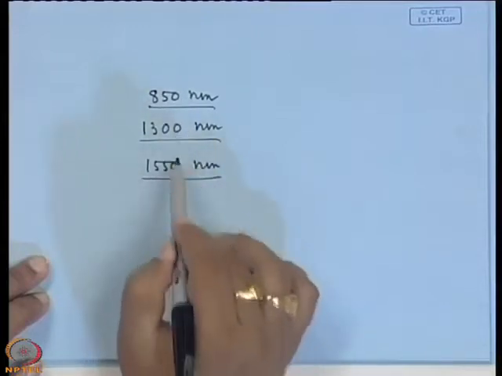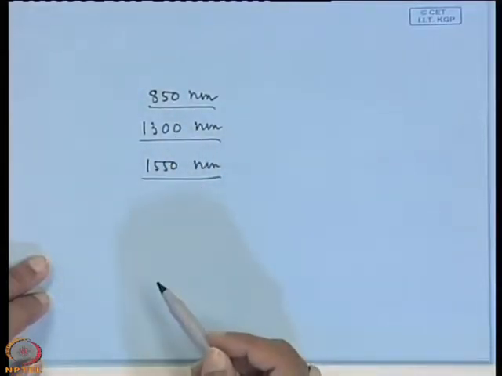and you know that for any material the loss is a function of its wavelength, right. Say for silica glass fiber, fiber is made of different materials. One is the silica glass fiber. For silica glass fiber, we have seen that at these wavelengths the loss is minimum. How is the loss measured?